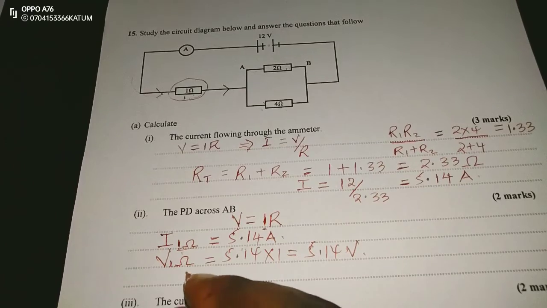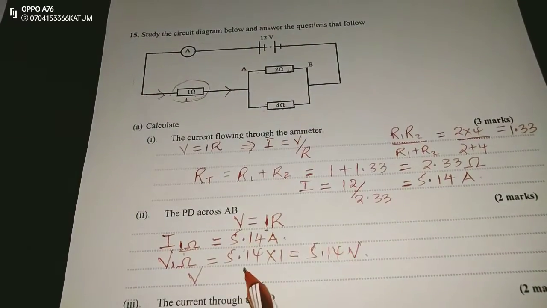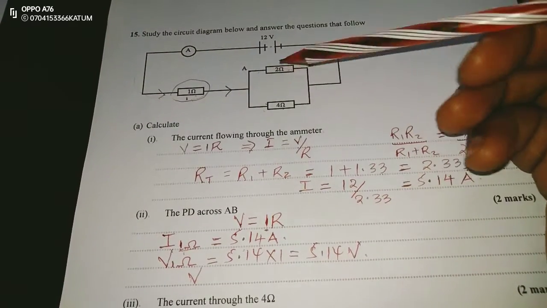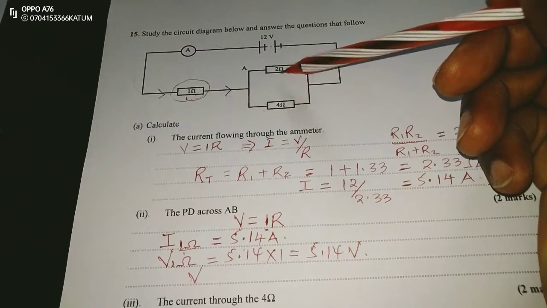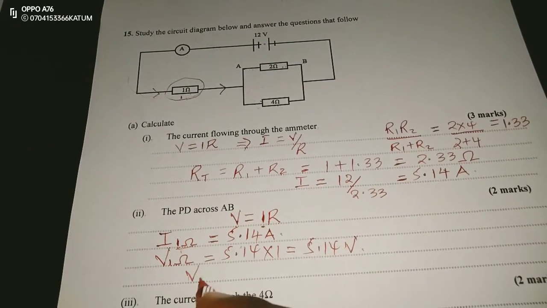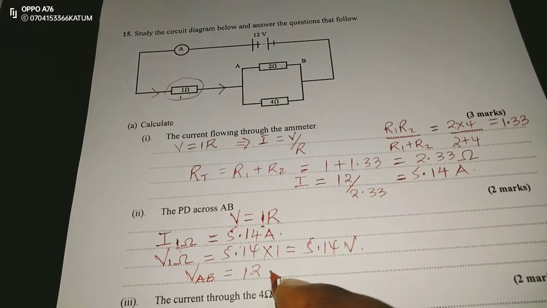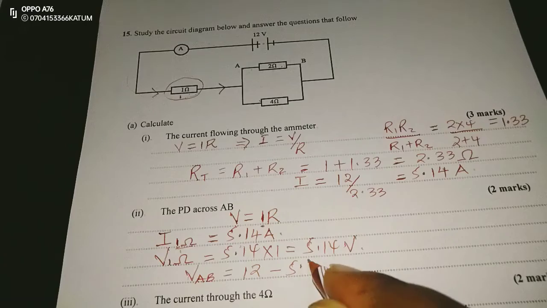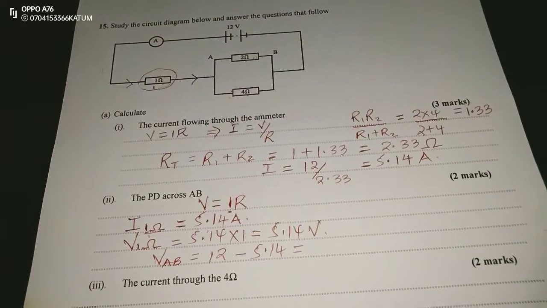That means the voltage which proceeds now to the junction here, and because the junction has parallel resistors, the voltage will be the same in the 2 ohm resistor and the 4 ohm resistor. So voltage across AB is going to be 12 minus 5.14, because this is now the total voltage that will proceed to the junction.